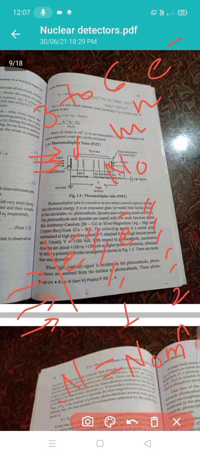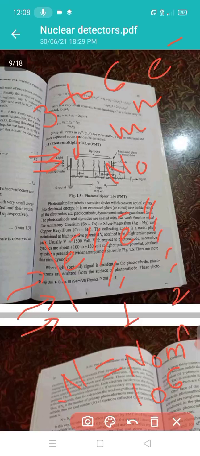In this way, the total multiplication produced by the photomultiplier tube is of the order of 10 raised to 6.